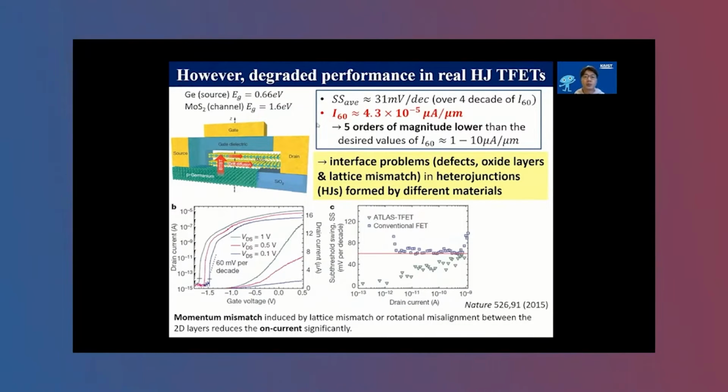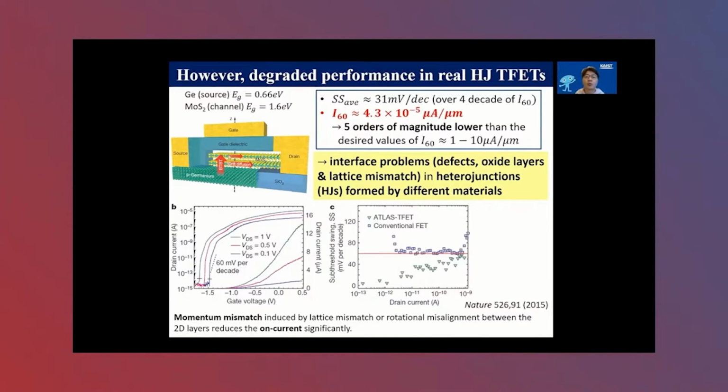However, I60, which is the on current at SS equals 60 millivolts per decade, is 5 orders of magnitude lower than the required value of 1 to 10 microampere per micrometer. So that means this transistor operates very slowly.